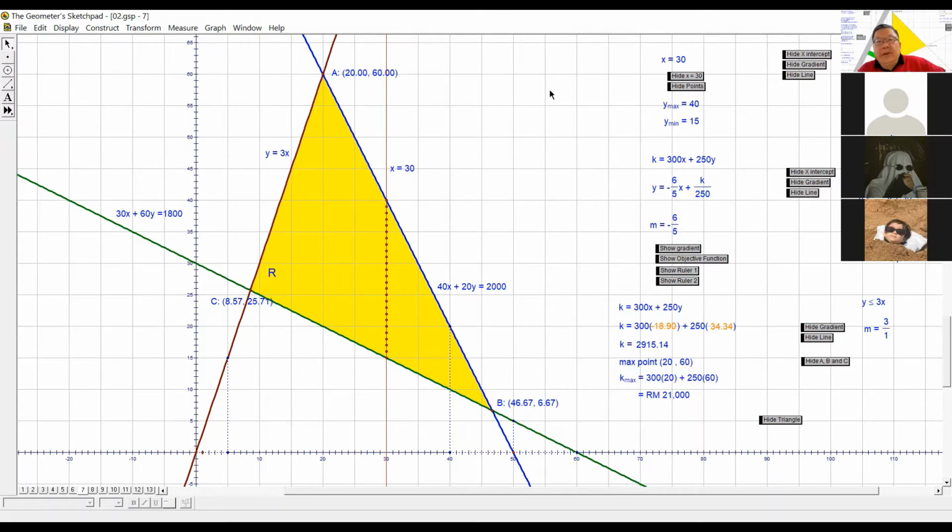Then the next one is we want to maximize the profit. This is the profit: 300x plus 250y.